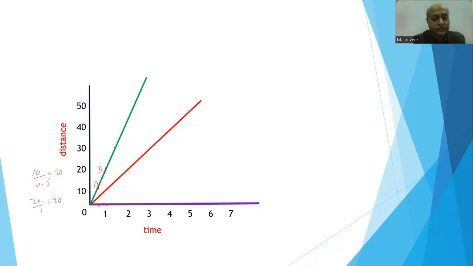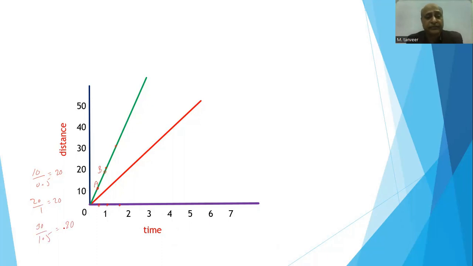Point C. This is 30. And time is approximately 1.5. 30 divided by 1.5, your answer will also be 20.